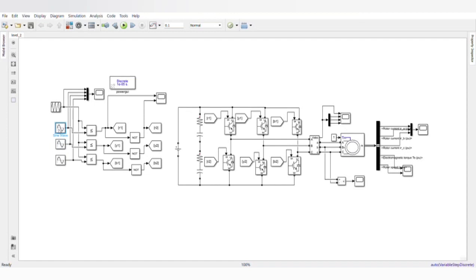Sine wave is also known as modulating signal, and these are the relational operators, and these are Goto blocks. Goto blocks are used to pass the input to the corresponding block, and logical operator blocks are used to perform the specified logical operation based on the input.